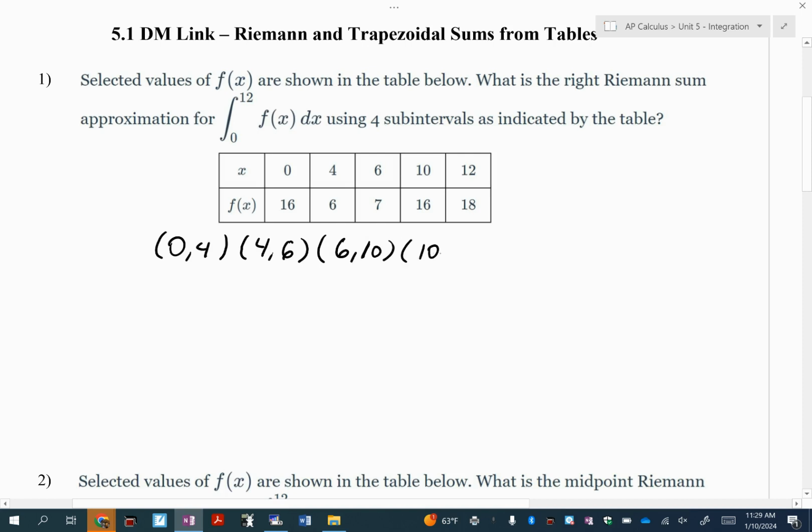And my last one is from 10 to 12. Now, what you might notice that's different today than from yesterday is the width of these intervals are not the same, right? So this one has 4, there's 2, there's 4, there's 2. So you're going to have different widths of your intervals. Be okay with that, okay?